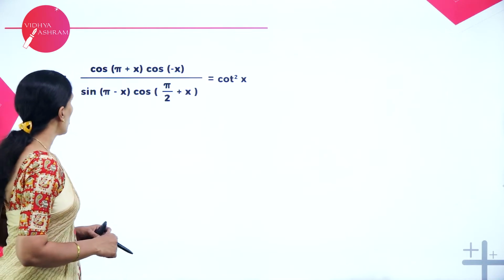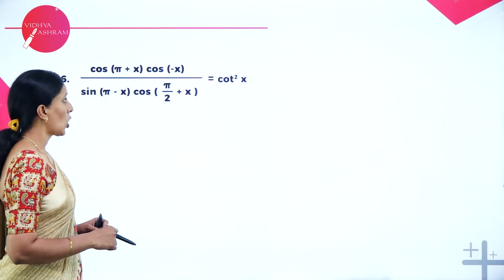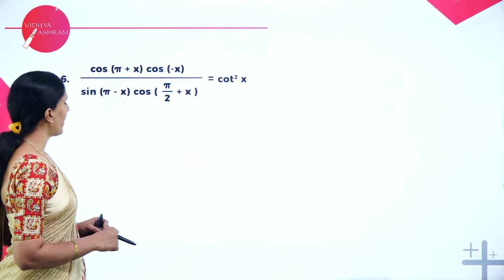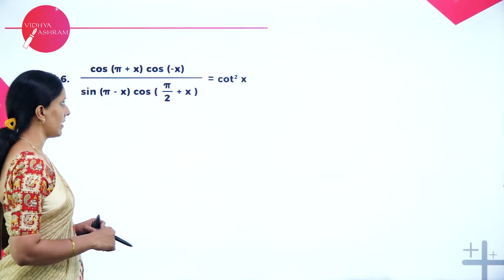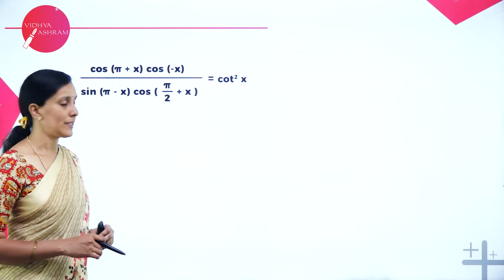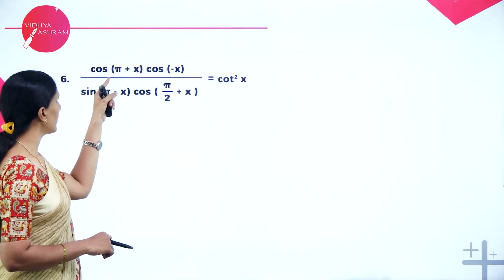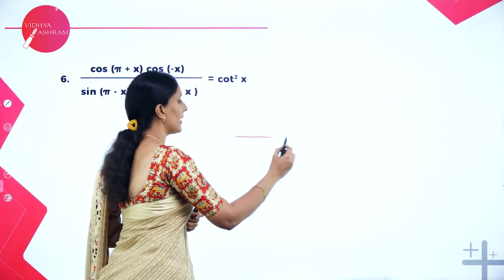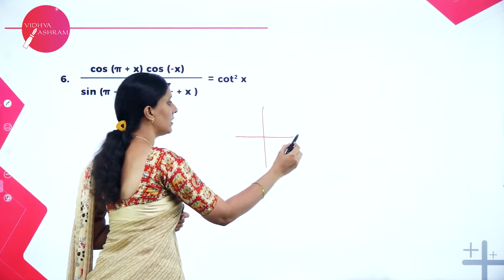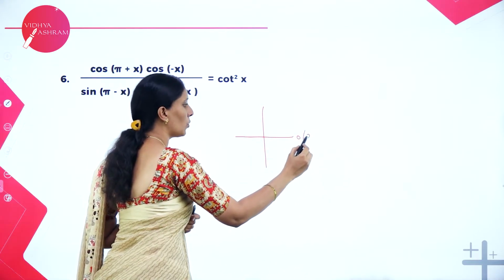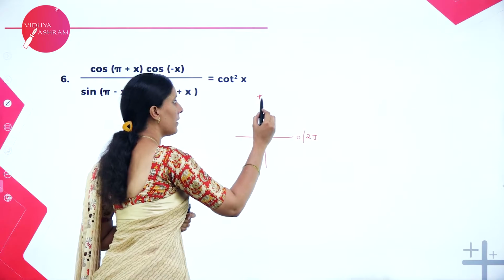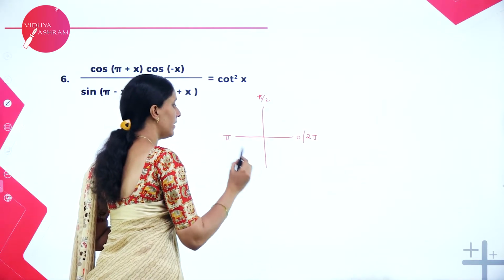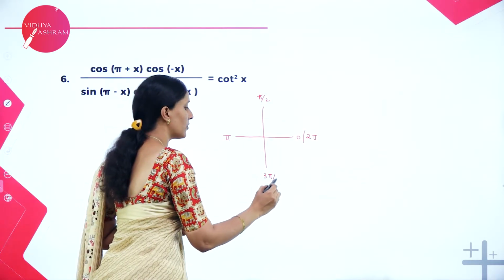Next question, cos pi plus x cos of minus x divided by sin pi minus x cos pi by 2 plus x. So clearly you can see here we have allied angles. So let us draw xy plane. So we have here 0 or 2 pi, here pi by 2, here pi, and here 3 pi by 2.